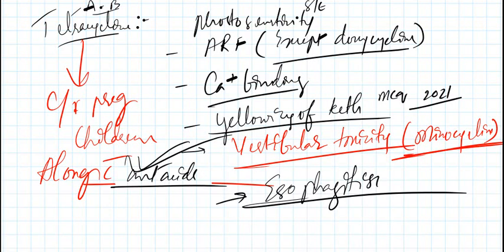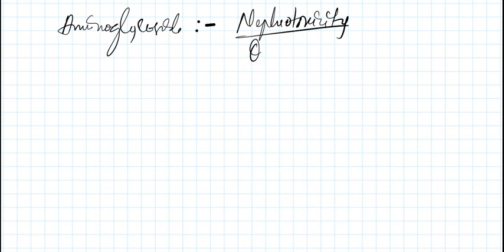Okay, so the next antibiotic with higher side effects, aminoglycosides. What is the most common side effect of aminoglycosides? I will talk later, but nephrotoxicity is the side effect mainly we see, and the most common is ototoxicity. And why is it dangerous? Because it is irreversible.